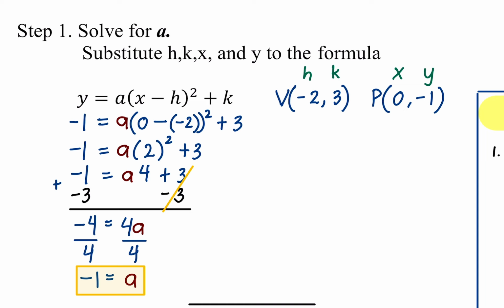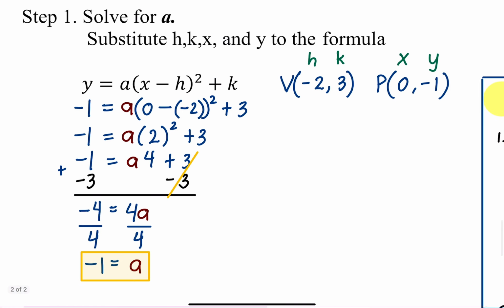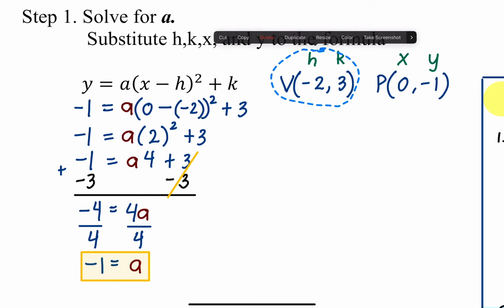But this is not the final answer yet because we are looking for the equation of the parabola. This is just the first step. The second step is to substitute the value of a into the vertex form of the quadratic function. So I'm just going to copy this one because I need this.